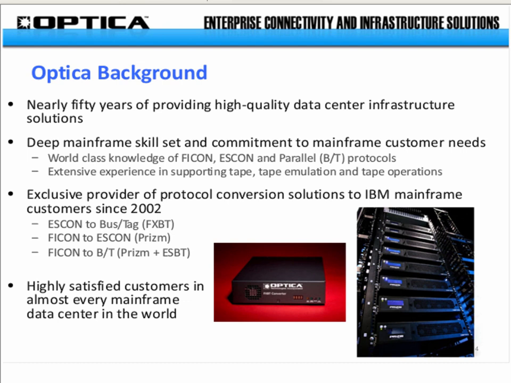I began working for Optica in 1983, and at that time we were the exclusive provider of plug-compatible peripherals for NCR mainframes. We were the first and only company to connect systems peripherals to NCR's bit serial link. Around the same time, in the early 80s, we began designing and building IBM channel matrix switch systems for bus and tag peripherals, so you could switch bus and tag peripherals amongst multiple mainframes.